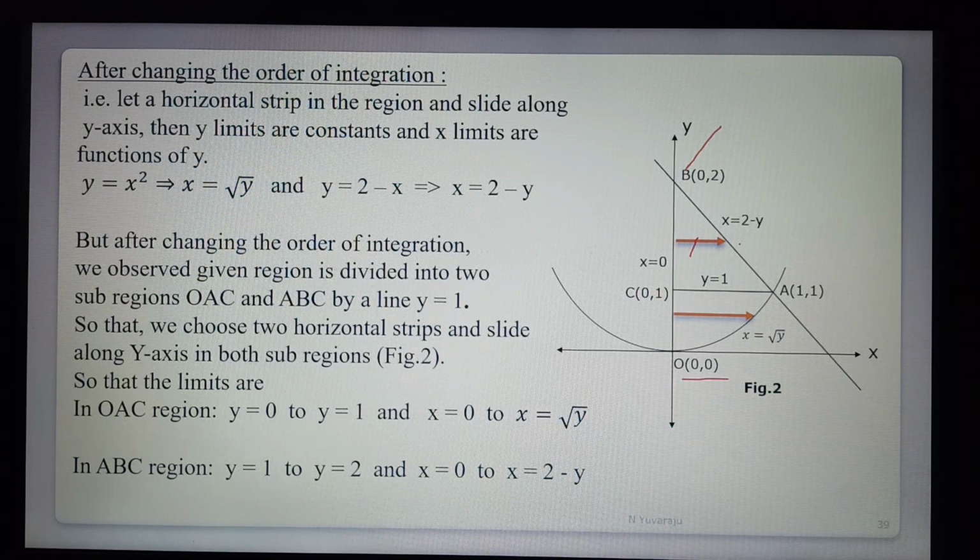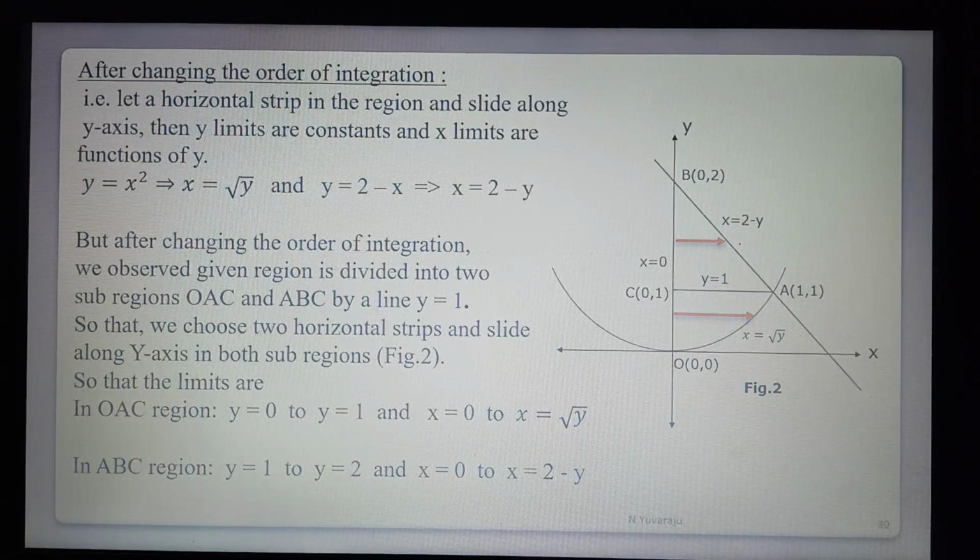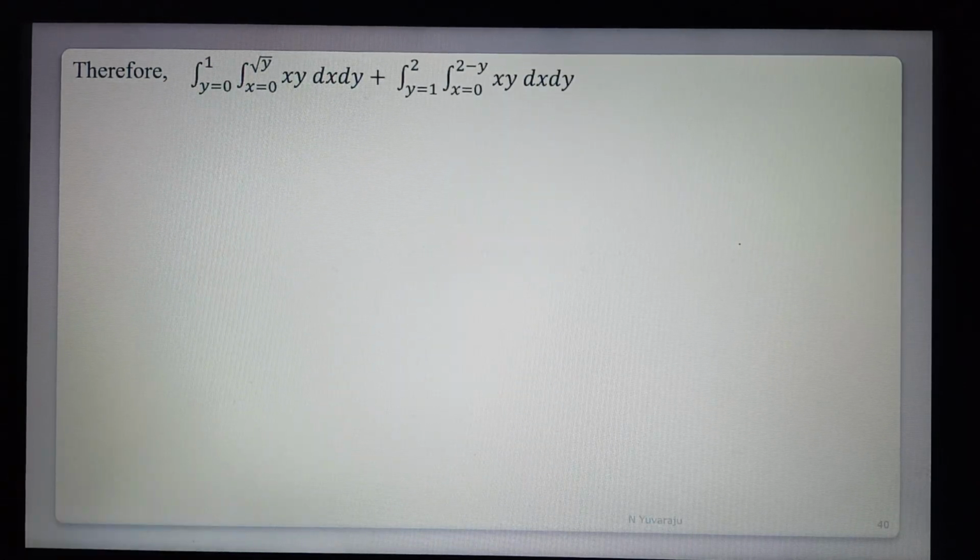And now finding the integration in the two subregions. Therefore, the integrand has no change, the function xy is the same, but the integration is over the first region plus the integration over the second region.